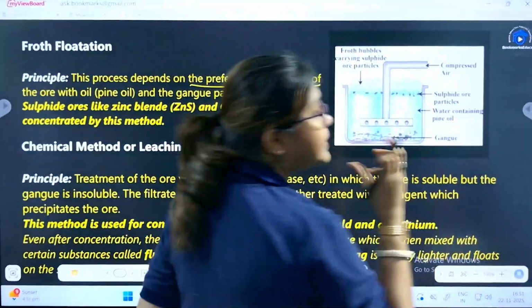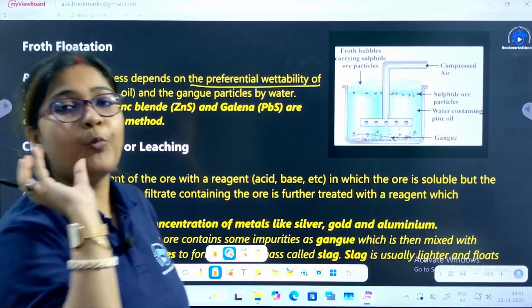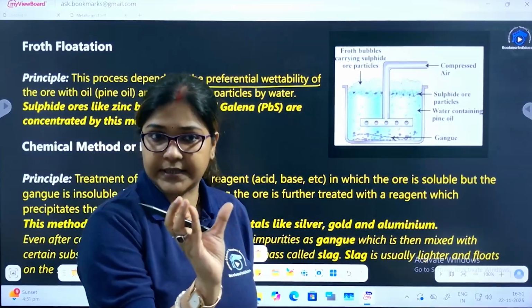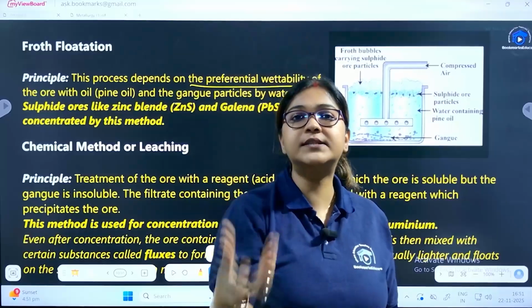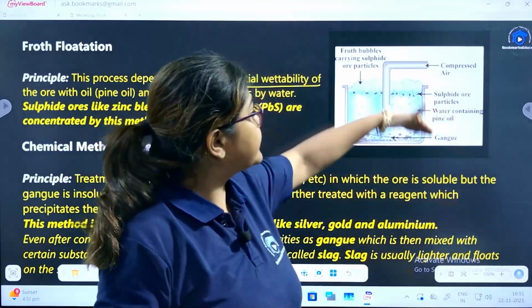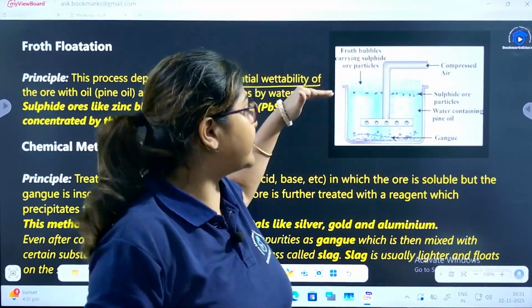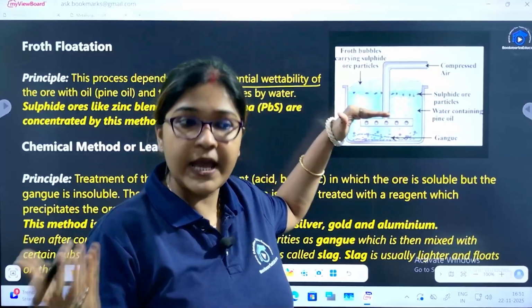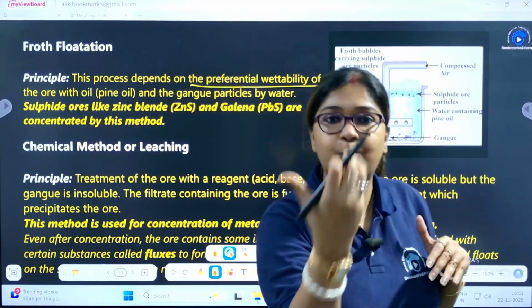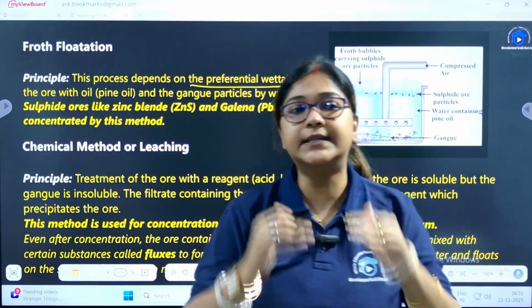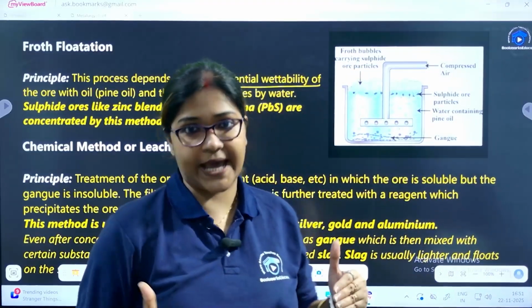What happens? The pine oil wets the ore particles, and the ore particles, being lighter, drift towards the top of the tank at the surface in the form of froth, and the gangue particles, being denser, are wetted by the water and they settle down at the bottom of the tank.